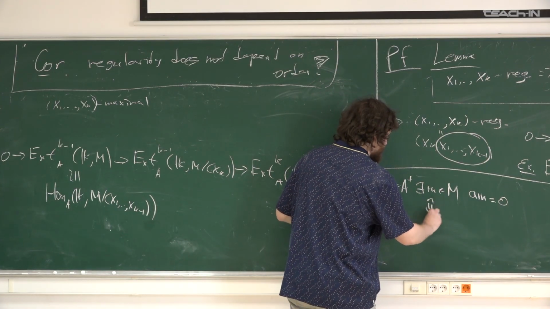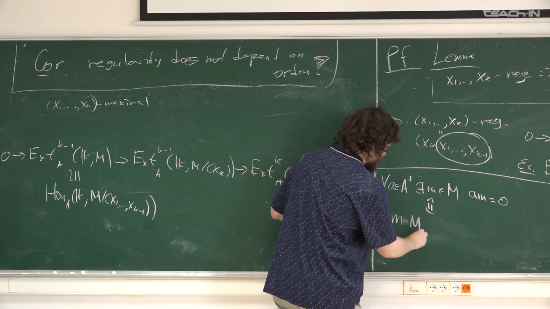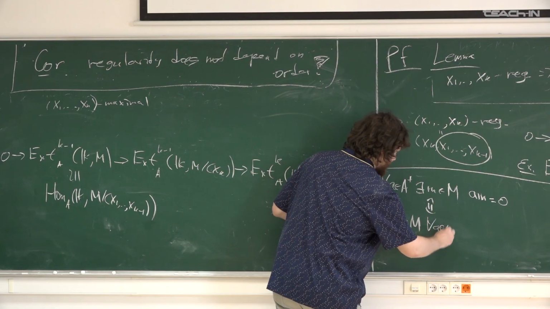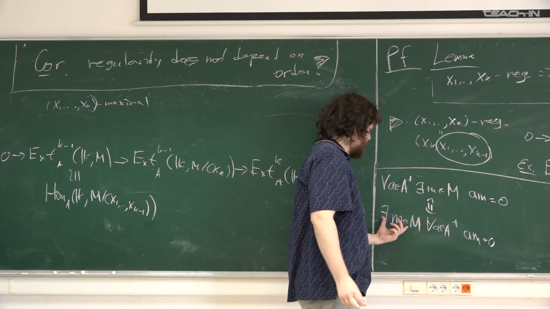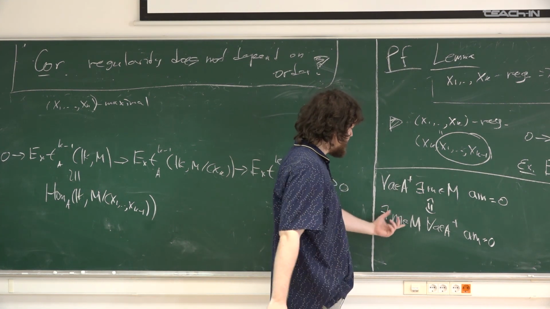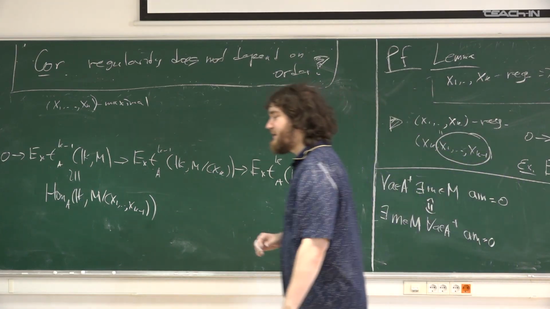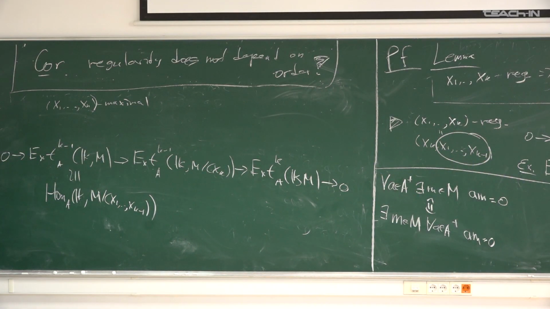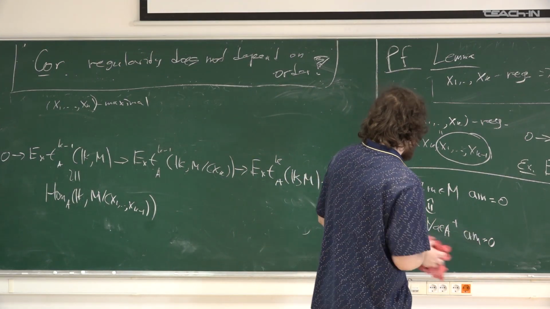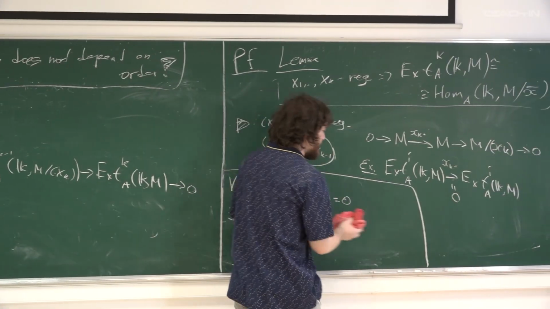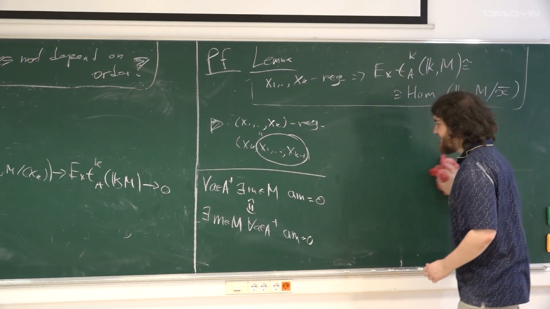Then it's equivalent to say that in fact there exists some common element m such that for any element from A plus, all of A plus lies in the annihilator of this element. But what does it mean? What, maybe I can reformulate the last row.